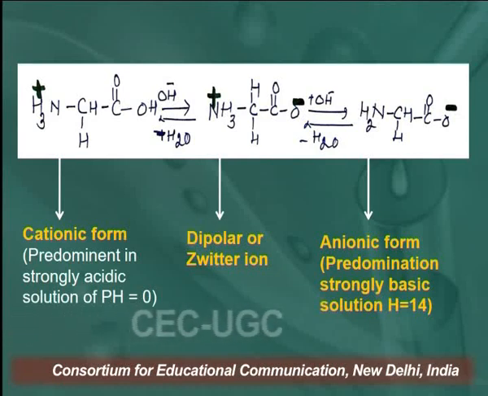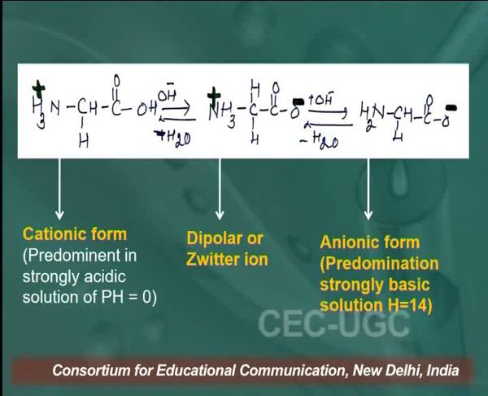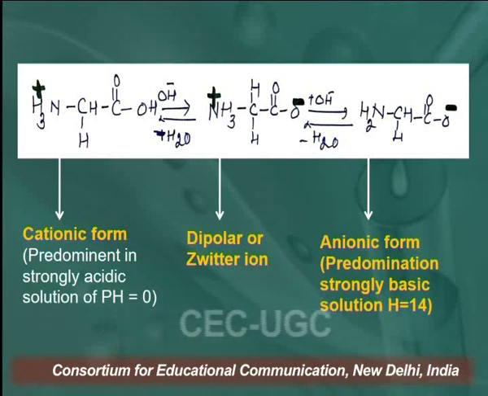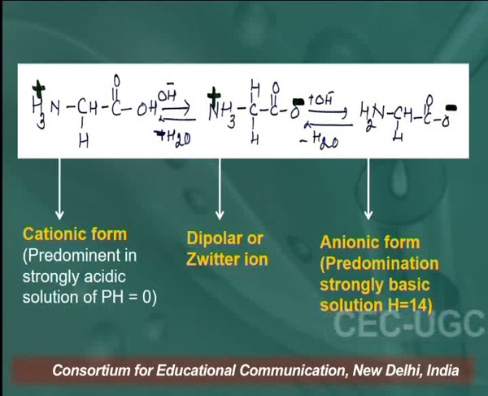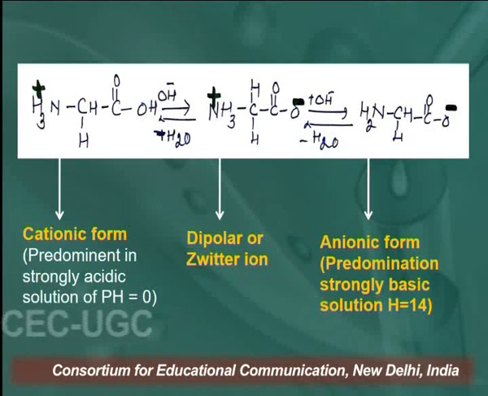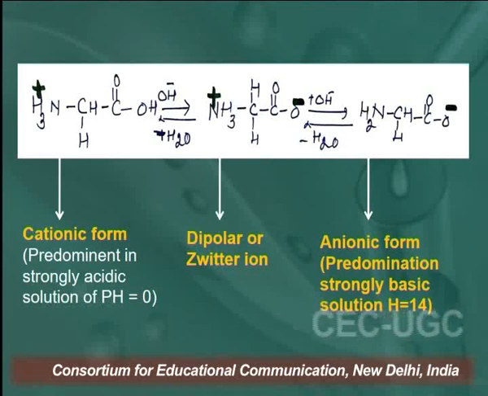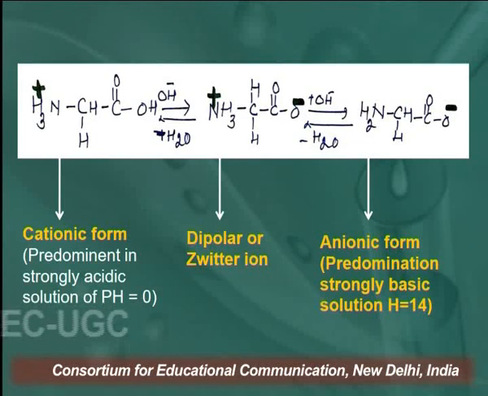Similarly, at the far end you can see the anionic form. The anionic form predominates when there is strong OH- present, so the pH is strongly basic, around 14. As the pH increases, the concentration of H+ decreases, and deprotonation takes place from the NH2 group.